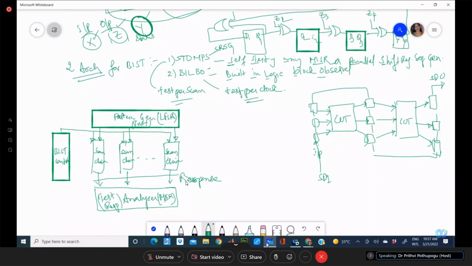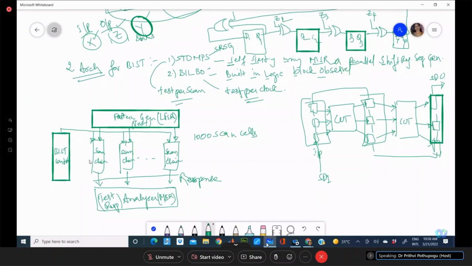Now, what is the complexity of this design? Say you have 100 or 1000 scan chains. The setup in this scan chain is the setup of the registers. That means this becomes one chain, this becomes one chain, this becomes one chain. I'm speaking of this as a boundary scan cell.